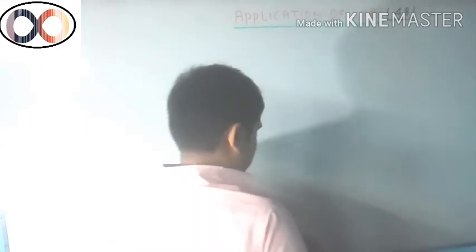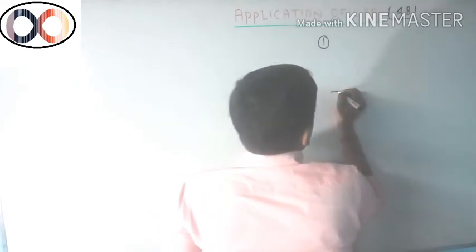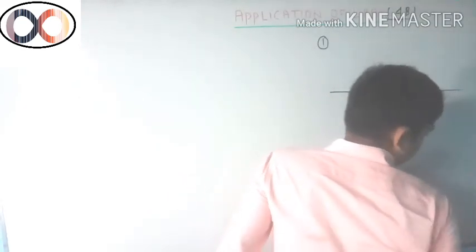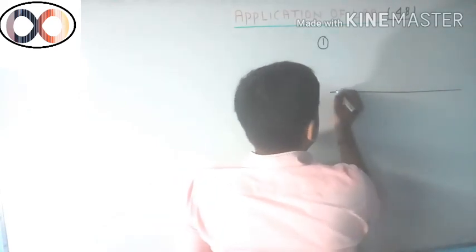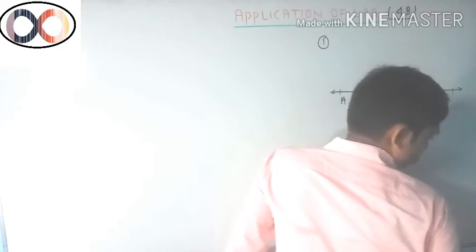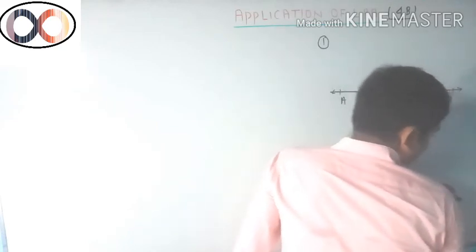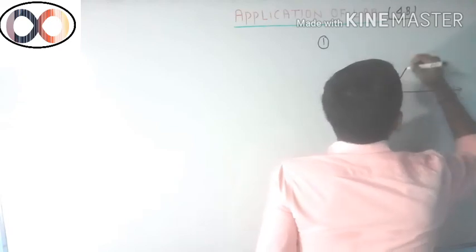This is question number 1 that you will have to solve. This is a straight line. Here is A, here is B, and here is O, with one ray here.